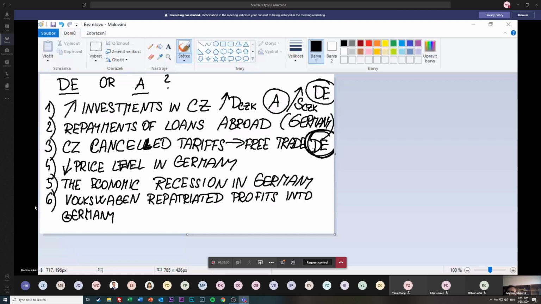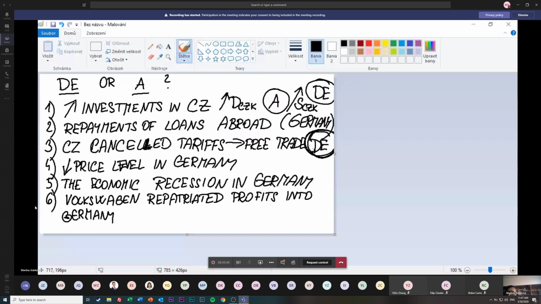The economic recession in Germany is connected, as I told you during the lecture, our economy is very strongly connected to the German economy. If there is the economic recession, there will be decrease in exports, because German people will not buy so much.